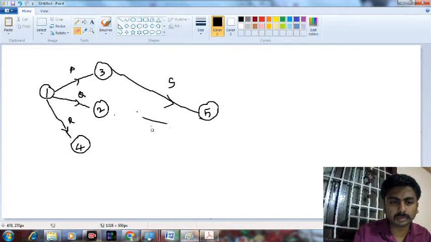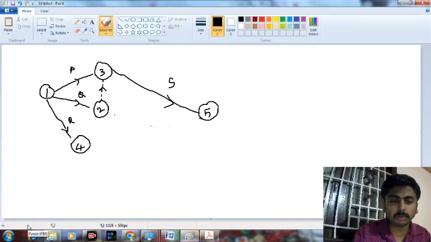Dummy activities are always represented by dotted lines. The numbers should be arranged in ascending order, and the arrows should point towards the ascending order of numbers, like 1 2, 2 3, in this manner only.